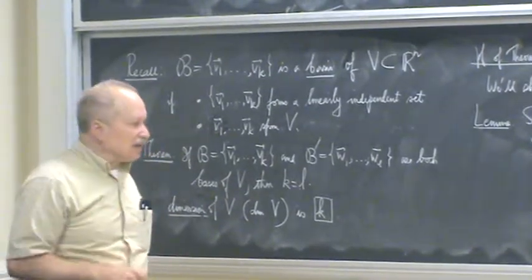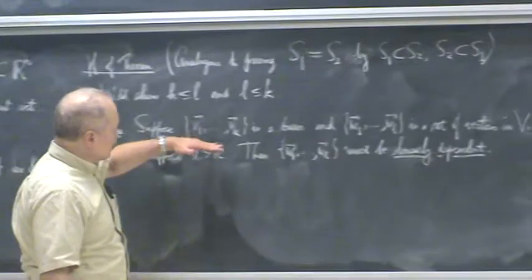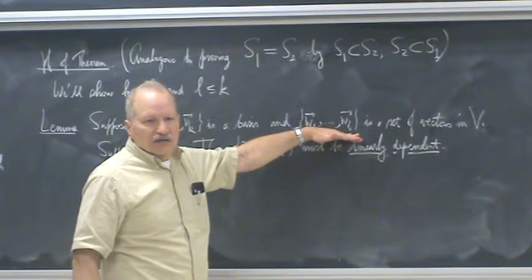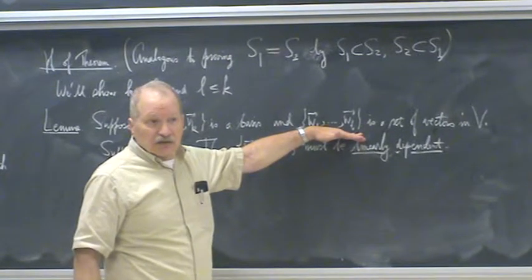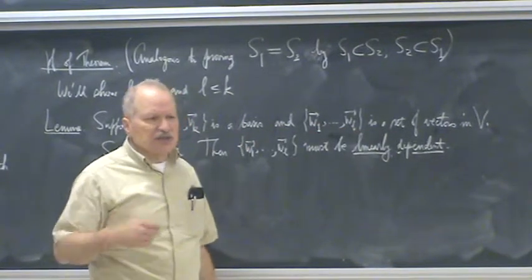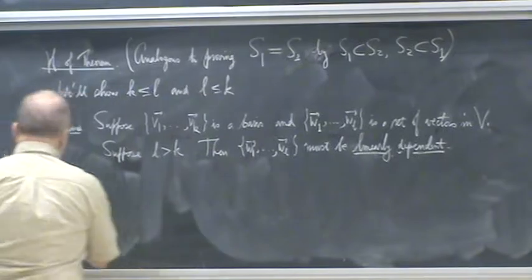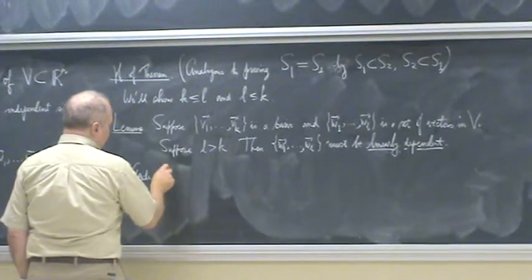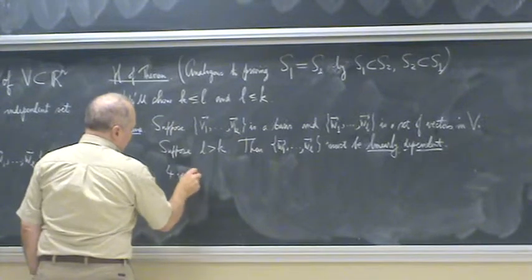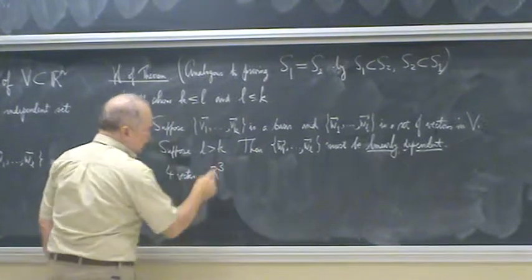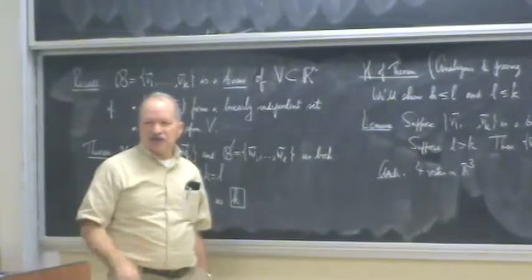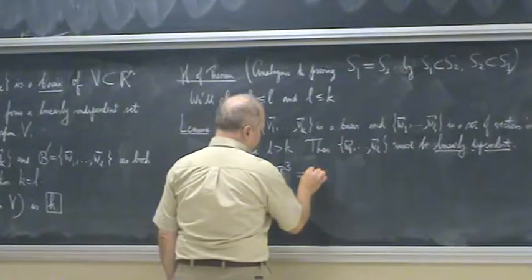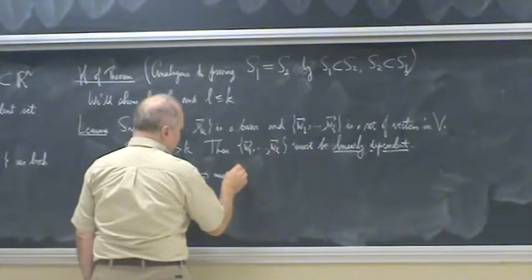So in R3, we're saying take 4 or more vectors, then they must be dependent. How would you actually prove that to me? Let's do this. Suppose I give you 4 vectors in R3, what argument would you give me based on what we did 3 days ago?